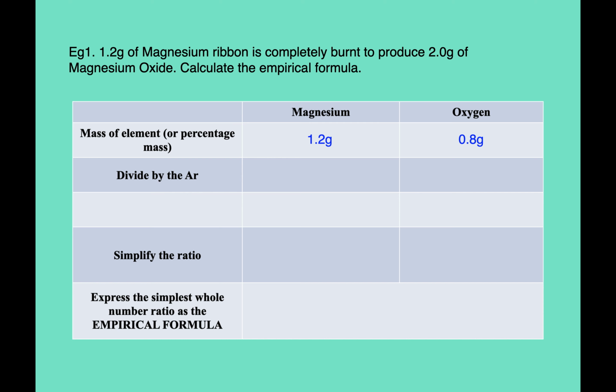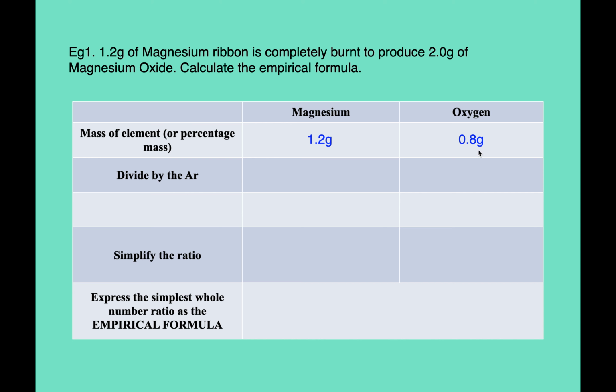We've got 1.2 grams of magnesium at the beginning, and we make 2 grams of magnesium oxide. If the thing that's been added is the oxygen, then how much oxygen have we added? Well, it's the 2 grams of magnesium oxide subtract the 1.2 grams of magnesium that we started with, to give us 0.8 grams.